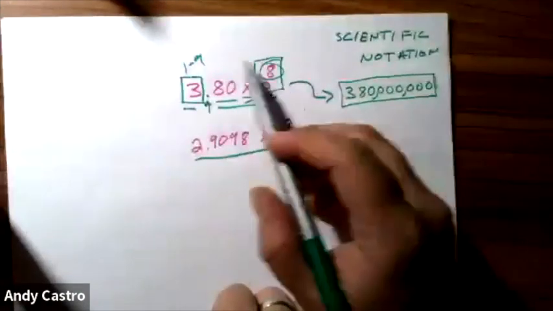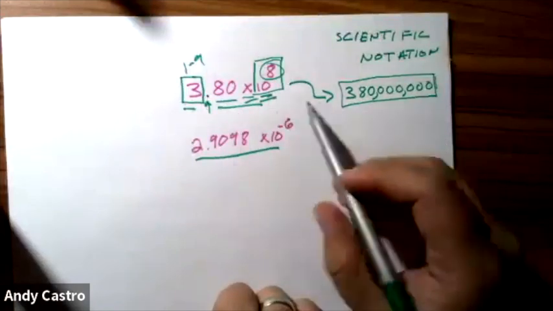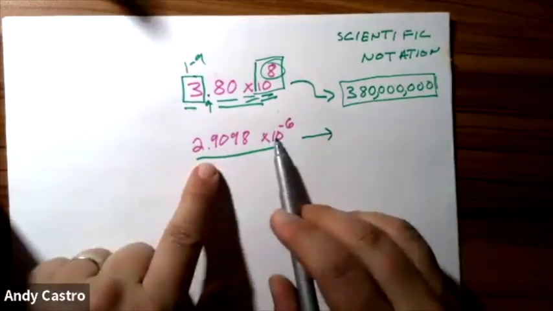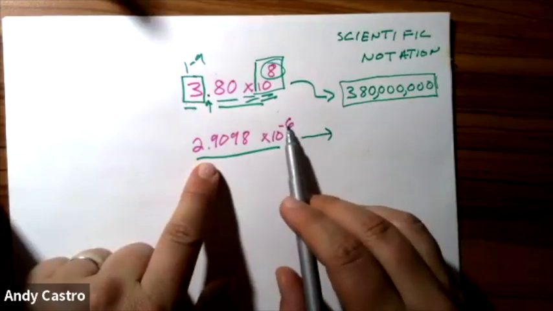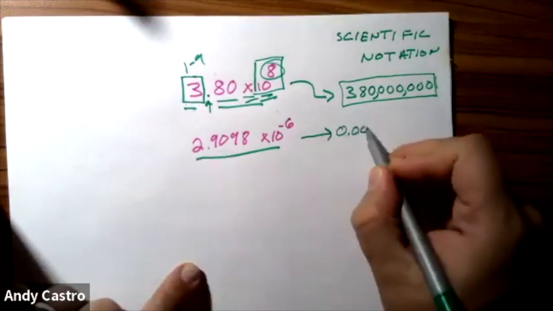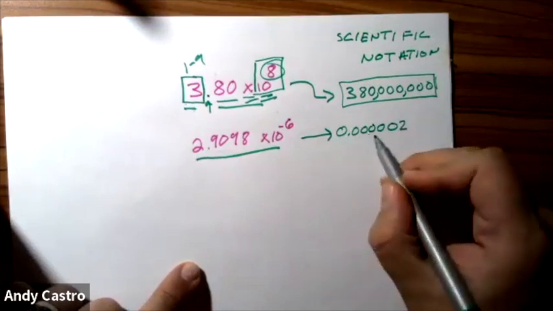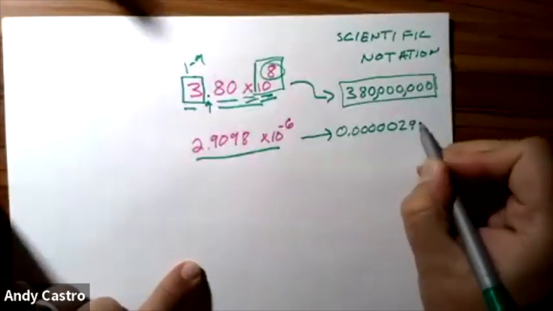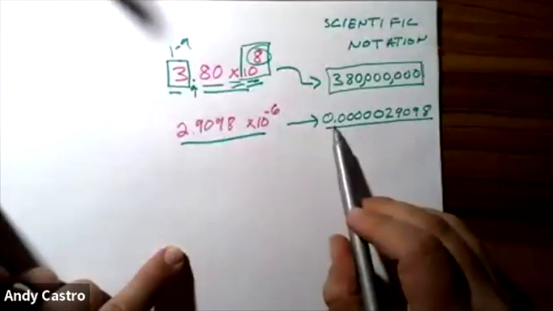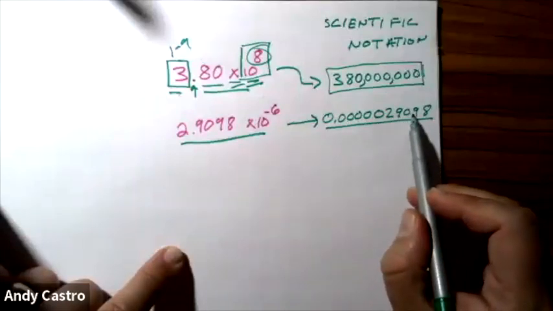Rather than writing 380 million, mathematicians and scientists came up with an easy way to record numbers when they're super large, and also when they're super small. In this case, we have times 10 to the negative 6th, so this number would be 0.000002998.